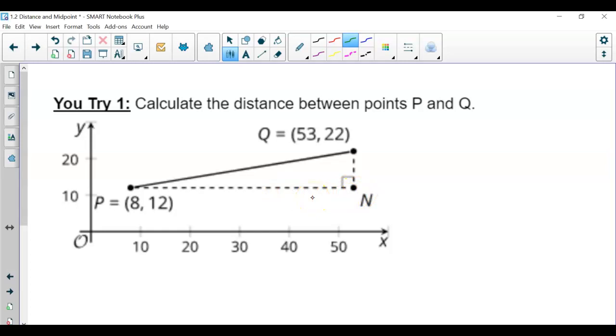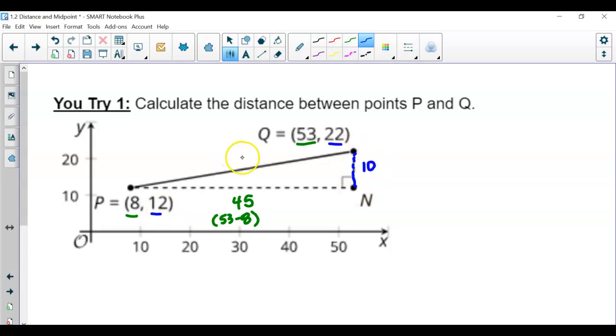I can find the distance between my two x's going from 8 to 53. That means this length is 45, 53 minus 8. Then the distance for my y's between 12 and 22 is 10 units.